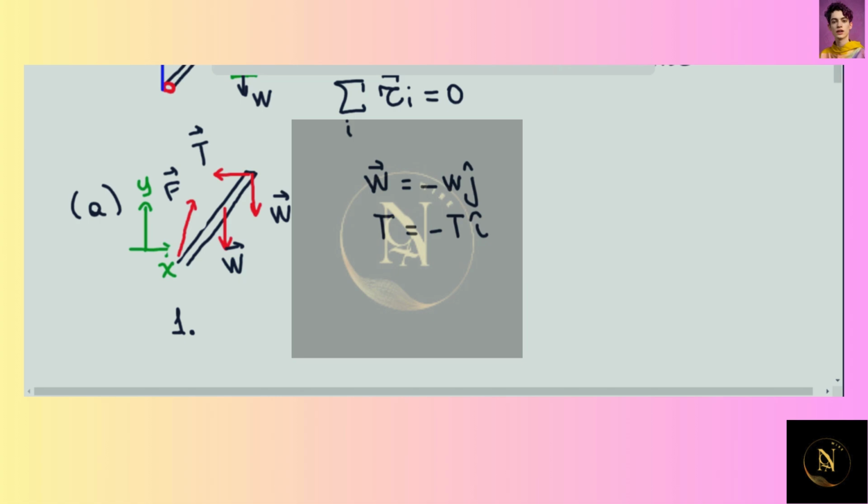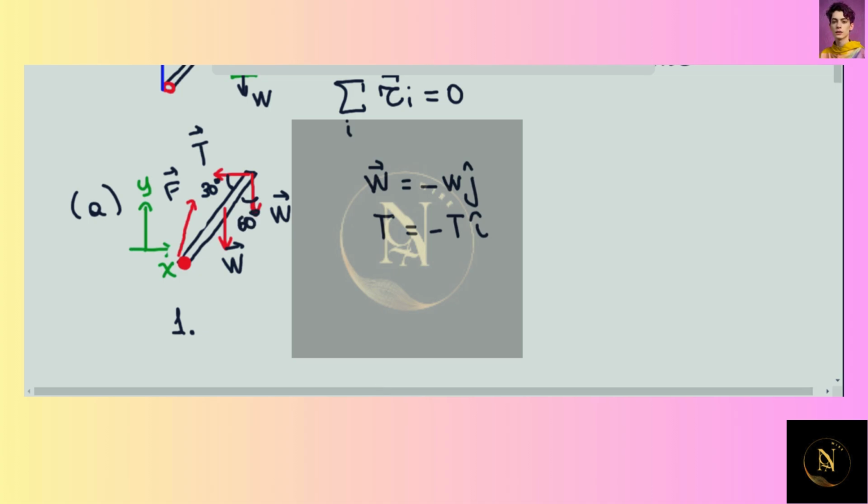Notice that the strut, if it were to rotate, will rotate around the pivot. So the force that the pivot exerts on the strut will not be counted in the torque equation, because the distance between the point where the force is applied and the center of rotation is zero. This angle here is 30 degrees, which means that this one is 60.